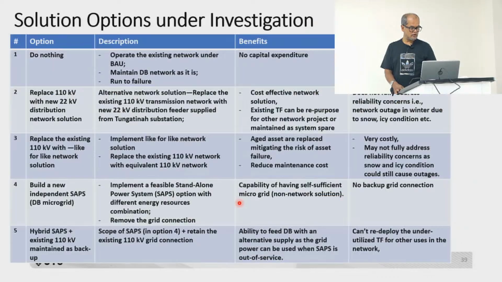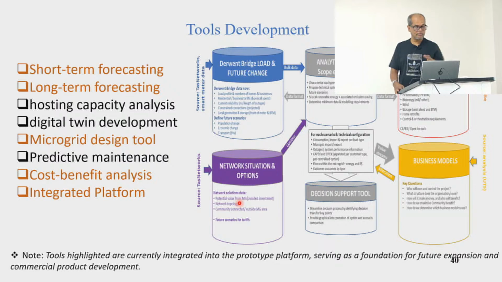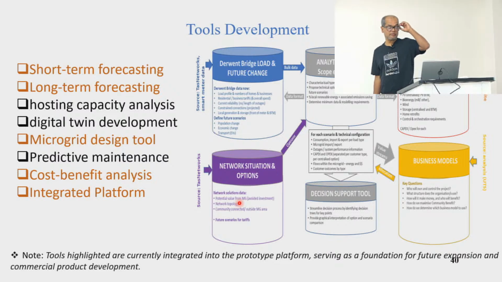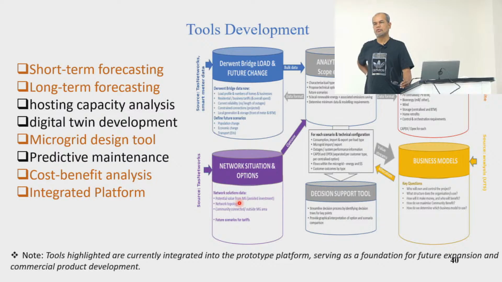I'll go back to the previous slide. The first thing would be that for the area where you're going to design a microgrid, you need to have a good idea about the current demand, and not only the current demand, because a microgrid will be designed not for 1 year or 2 years, or 5 years, right?